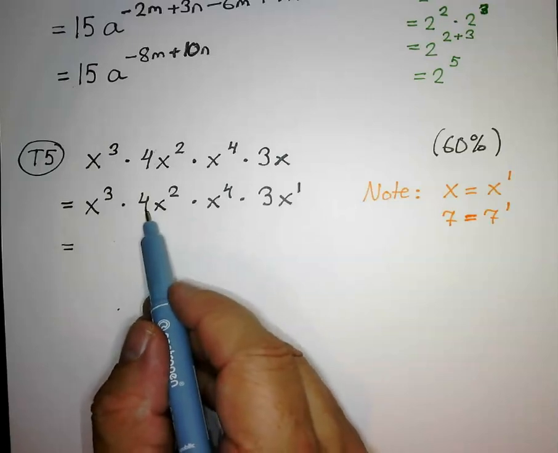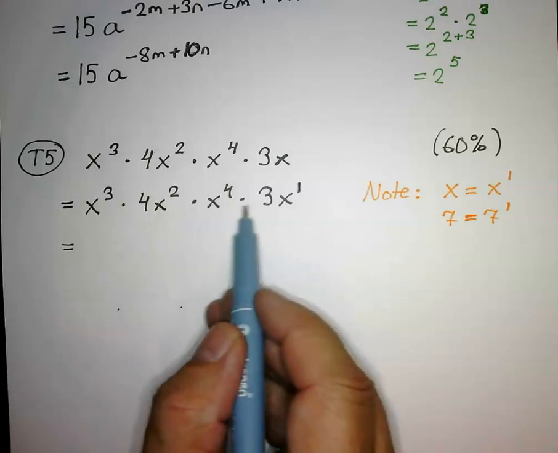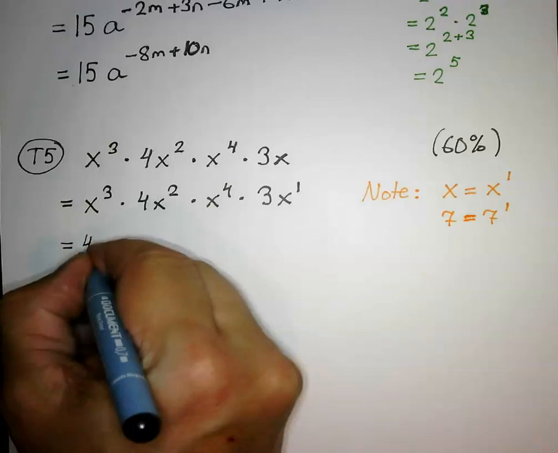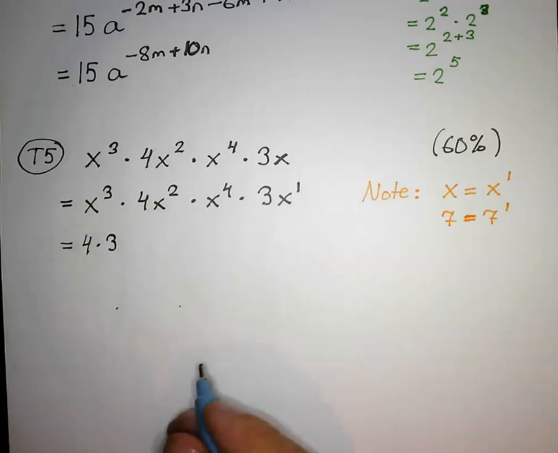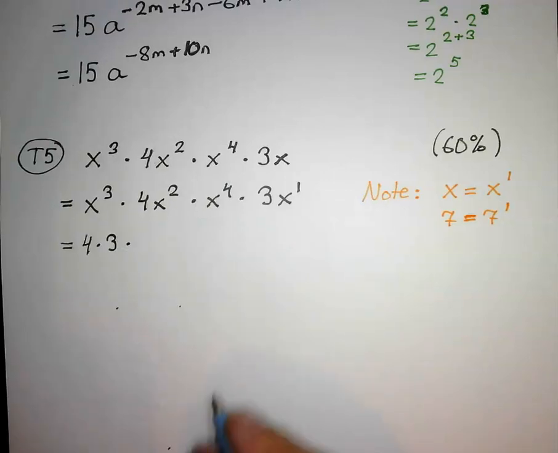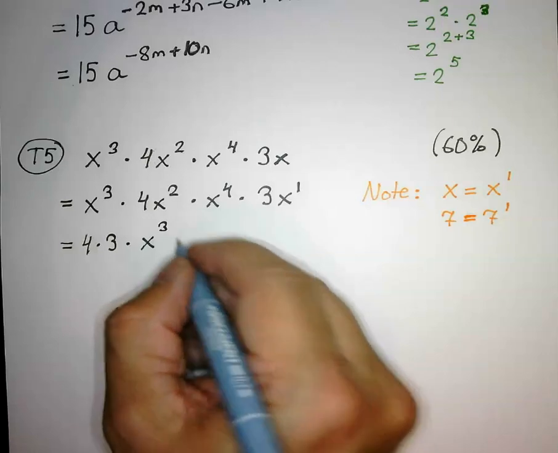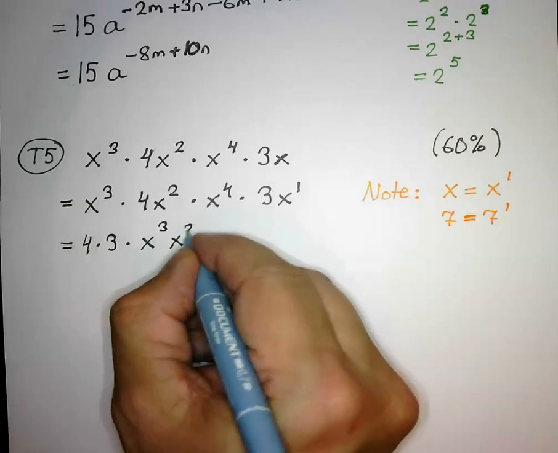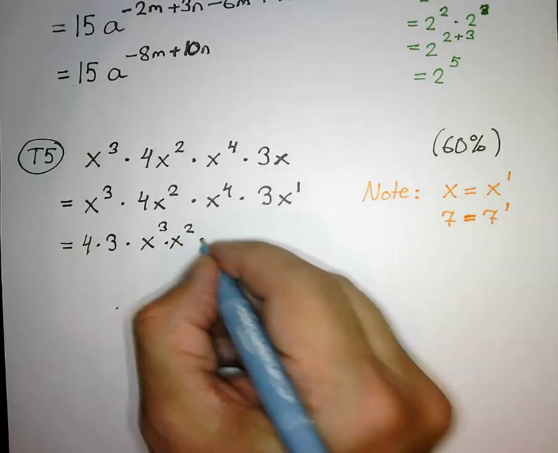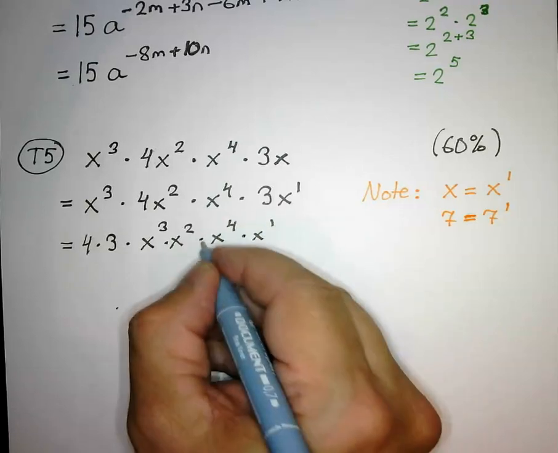We have these number coefficients or factors, 4 and 3, and we may put them at the beginning of the expression, and then write those x's here: x to the power of 3, x to the power of 2, x to the power of 4, and x to the power of 1.